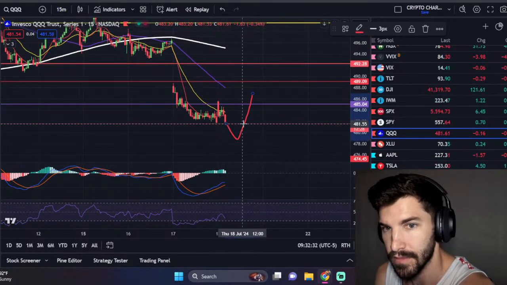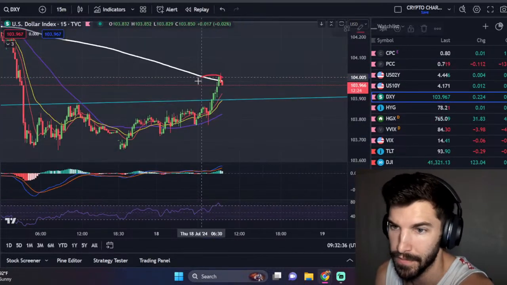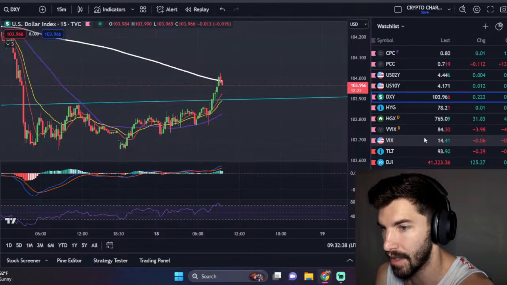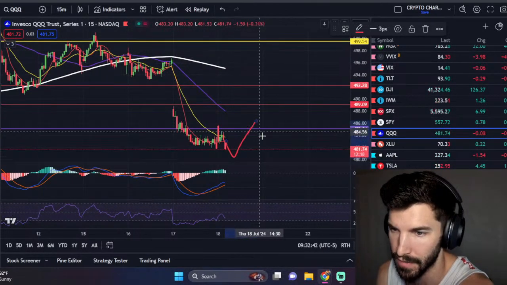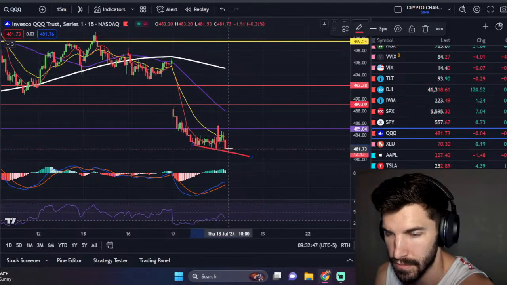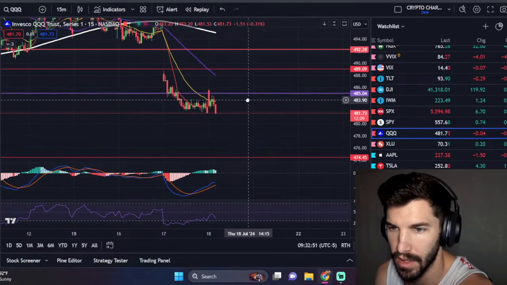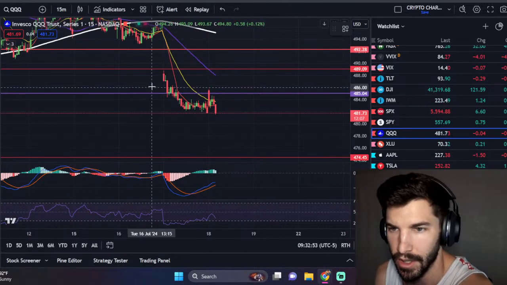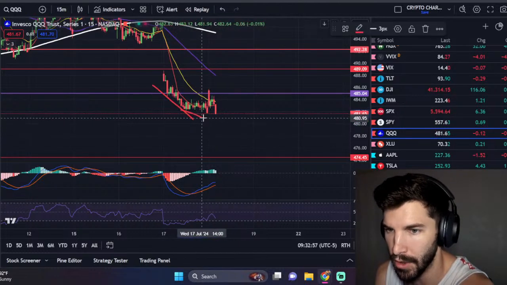Now we'll see. That doesn't have to happen, and the dollar is starting to scale up. Dollar's really scaling up, but if that's going to back off, we're going to see the market bounce in any way, then the Qs most likely do make some kind of divergence here. Just a quick one. Because if you really look at it, you have this, then you have this, but you're kind of forming this right now.